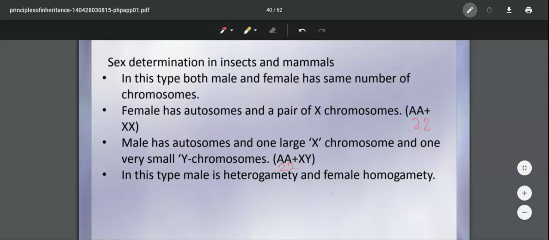So please remember that sex is determined in a human child by the father and not by the mother, because in India we have this taboo, especially in rural areas, where the mother is blamed for the birth of a girl child.